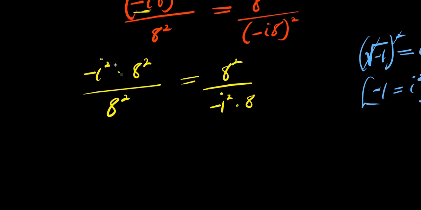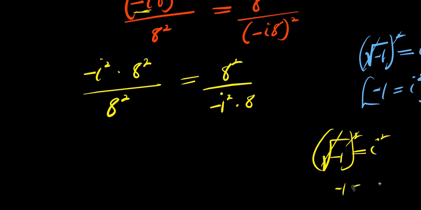Now, going back to the same identity, remember, if you have square root of negative 1, this equals I. It takes squares. That means this cancel this. That means negative 1 equals I power 2, right? If negative 1 equals I power 2, then this simply means negative times I power 2.